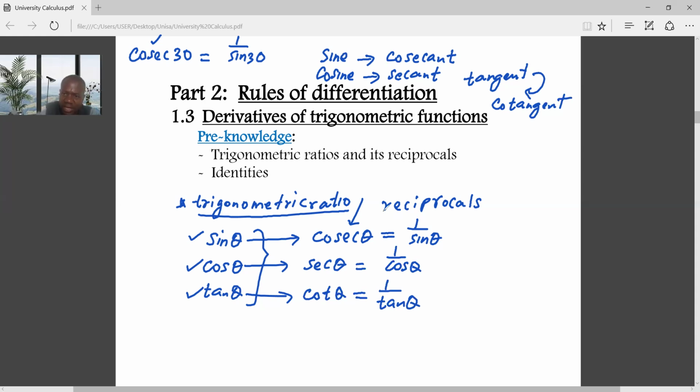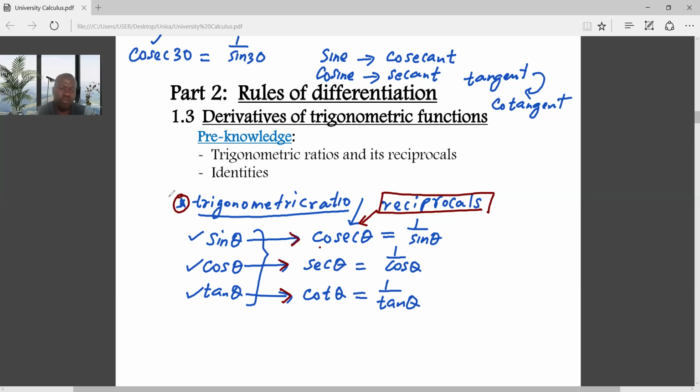We call them the reciprocals. In grade 12 you were not talking about these reciprocals, but now you need to understand them. Remember, at the university level, they are not reminding you of these things, unless you do a bridging course, where they will first take you through these basics. But make sure that you understand these.